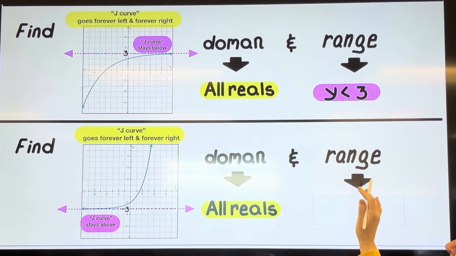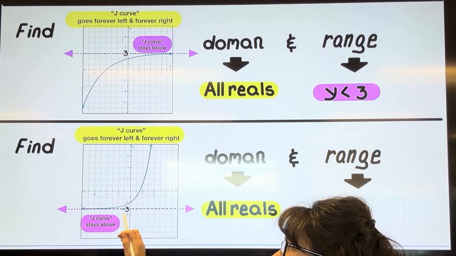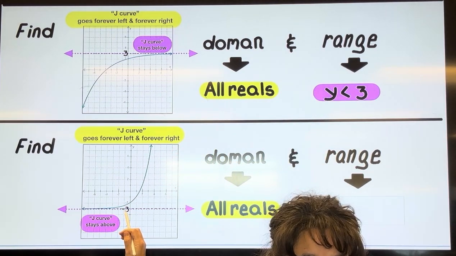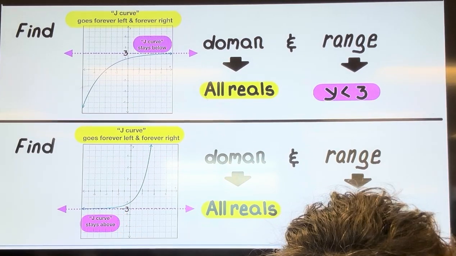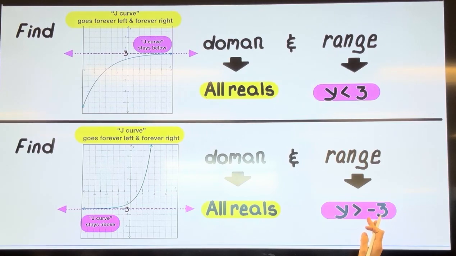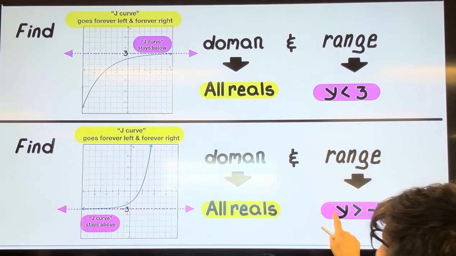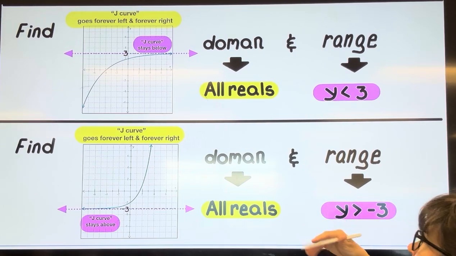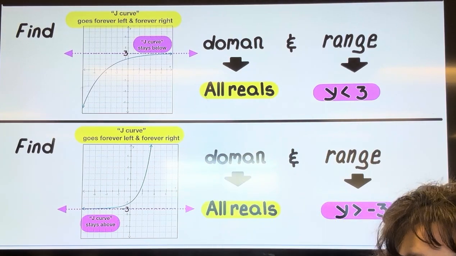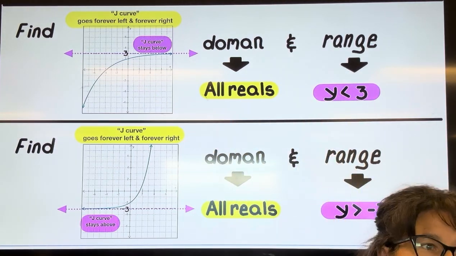Then the range, how high to how low: this one is going to have to stay above -3, so my y's are greater than -3. If something is staying above the line, its y is greater than. If something is staying below a line, then y is less than.